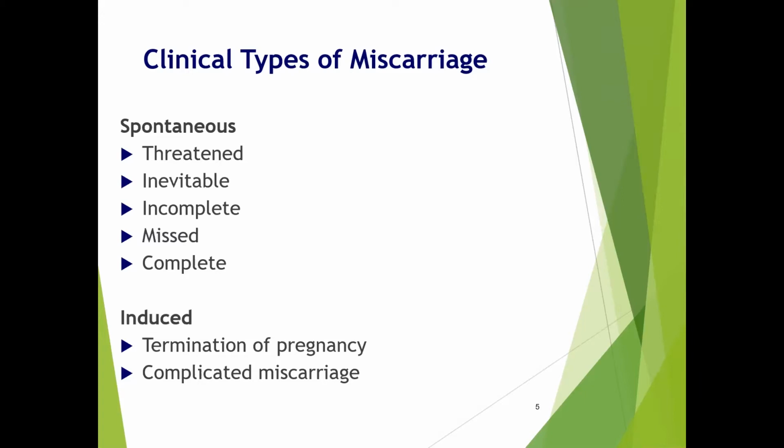Those that are induced can be either medically indicated termination or termination of pregnancy as per patient request. And most of the patients that will come with complicated miscarriages are those who go for backstreet miscarriages, whereby they seek interventions from people who are not actually registered to offer those services.